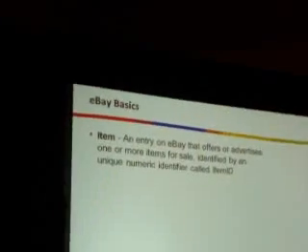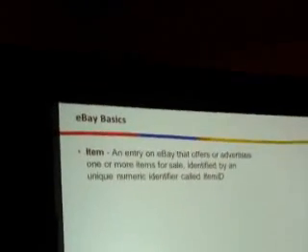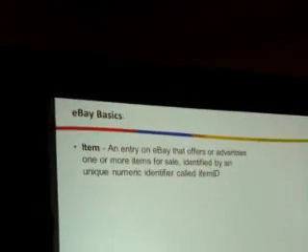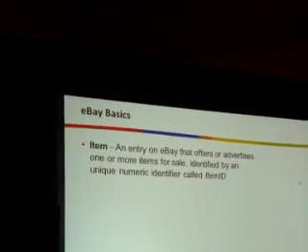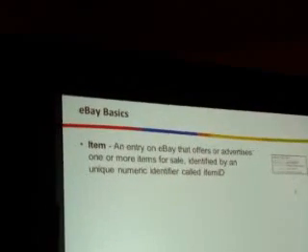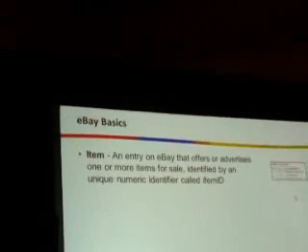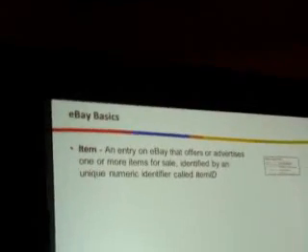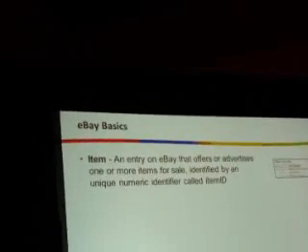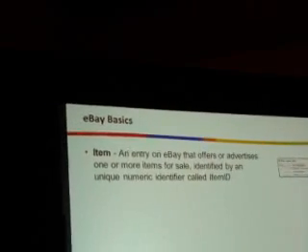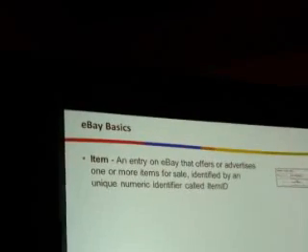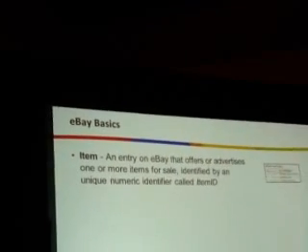Some eBay basic concepts to help you with the language that we'll be using here. Item. I'll be talking about an eBay item and eBay item ID. An eBay item is simply a listing on eBay that is offering or advertising something for sale. We identify it via a numeric identifier.